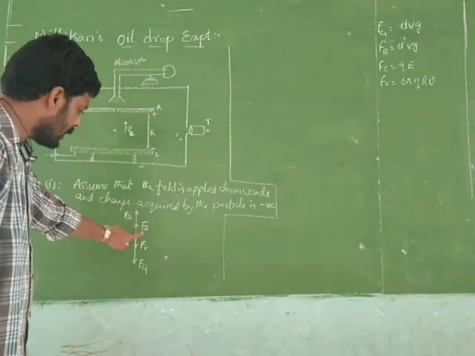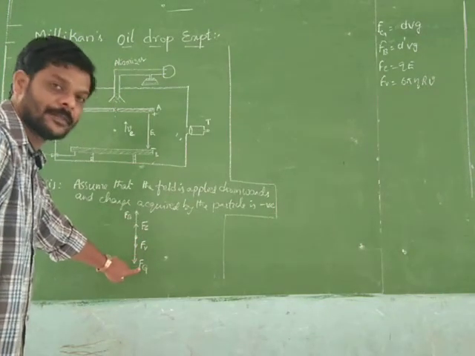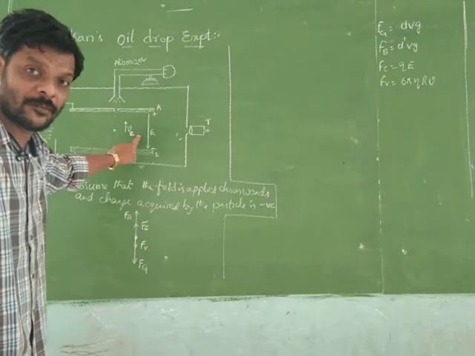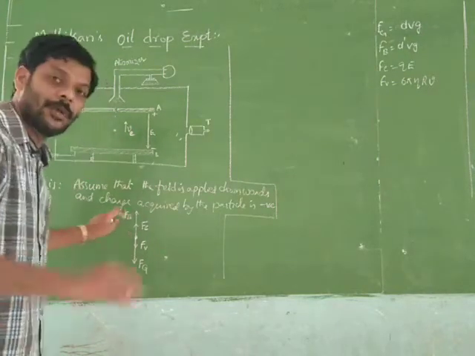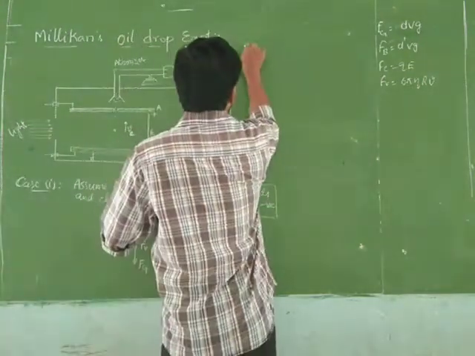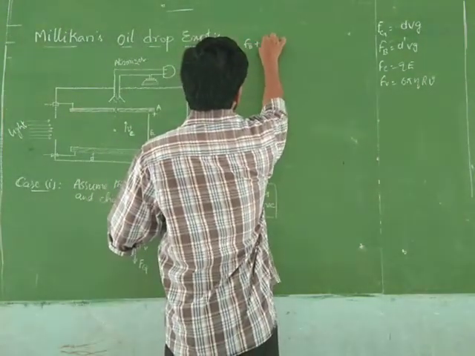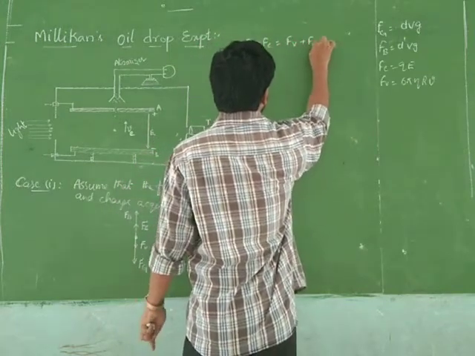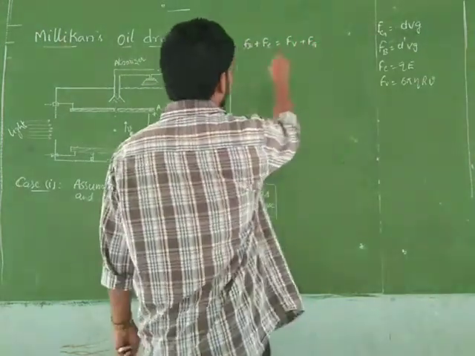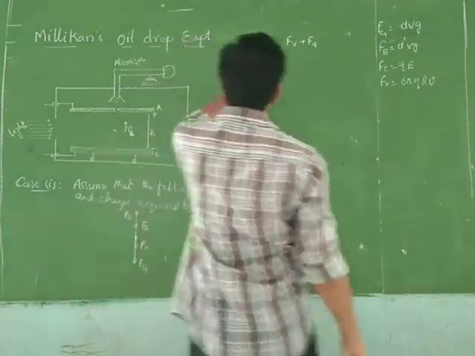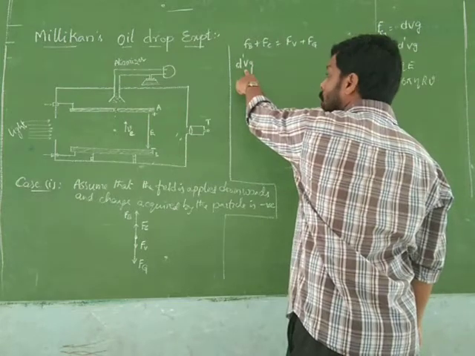Fb plus Fe is equal to Fv plus Fg. Because the particle is at terminal velocity, acceleration is 0, F net is 0, which means the forces are well balanced. So, Fb plus Fe is equal to Fv plus Fg. By giving the values, d prime Vg. Here V is not velocity, it is volume.